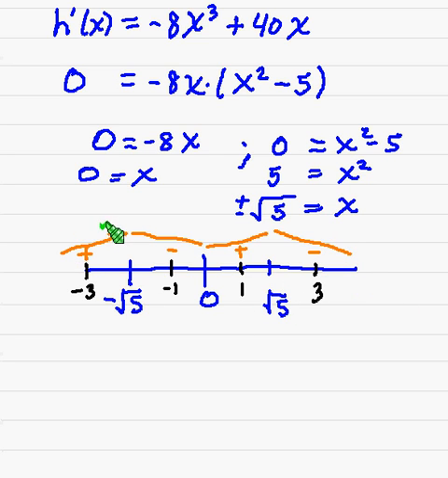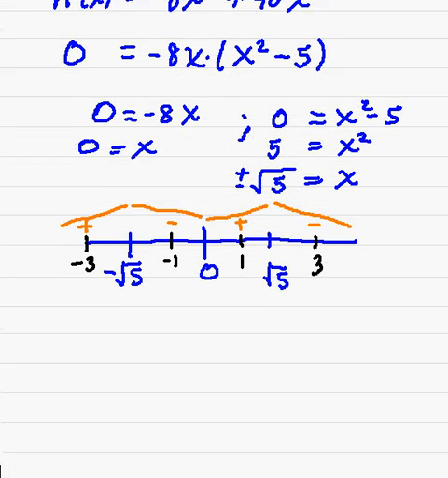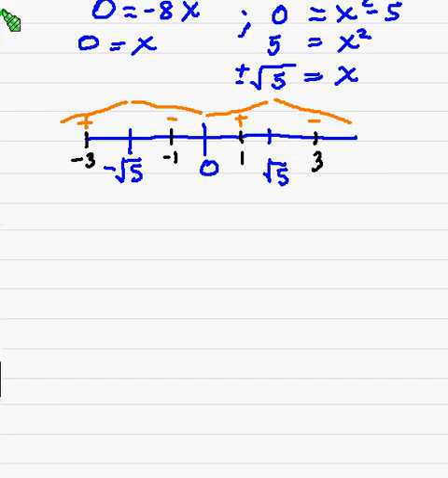Alright, now we're going to find the points on the graph. I'm not going to work this completely out for you. You just take negative square root of 5 and plug it back into the original function.